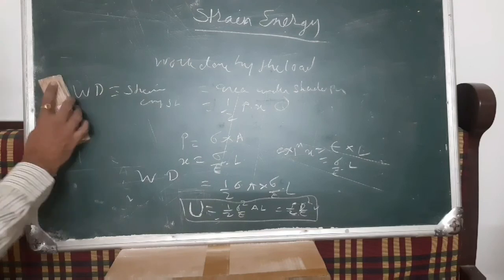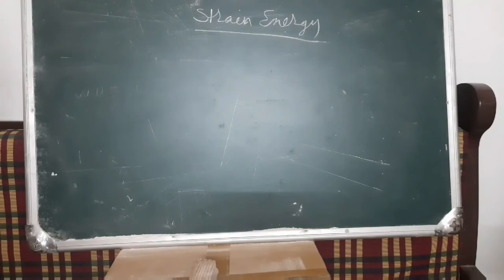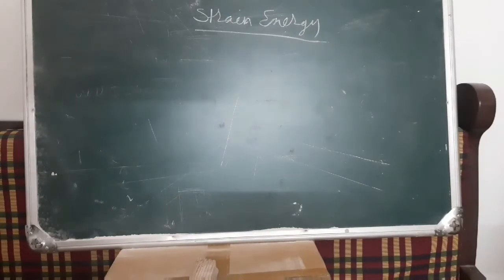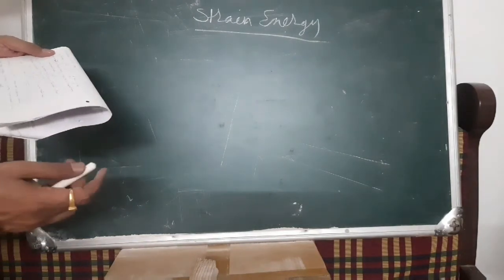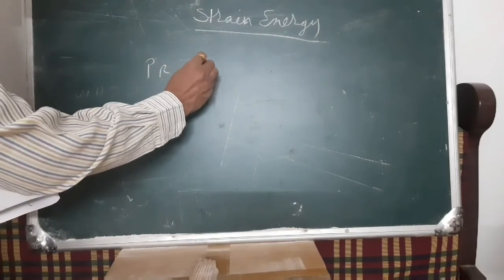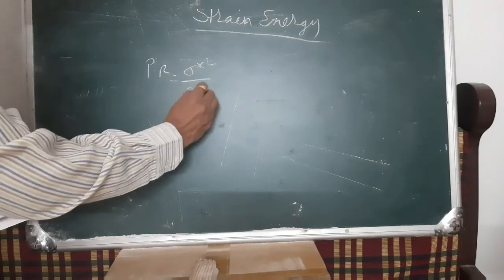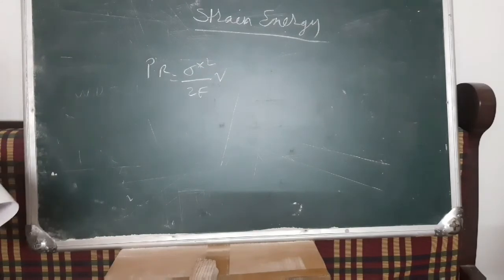We have seen this when the load is gradually applied. So this is the basic equation. If you want to find the proof resilience in the body, proof resilience is equal to sigma star square by 2E into V, where sigma star is the stress at the elastic limit.